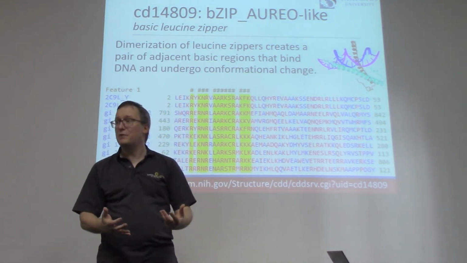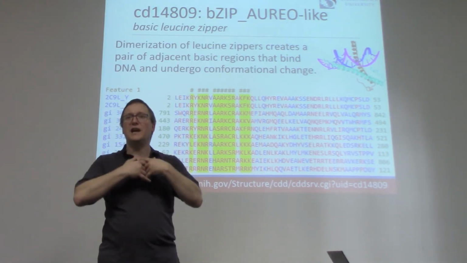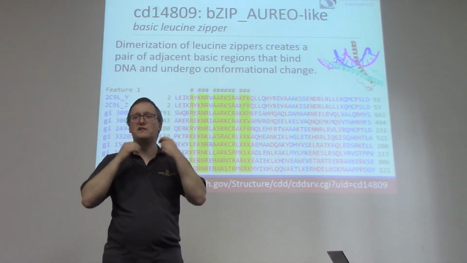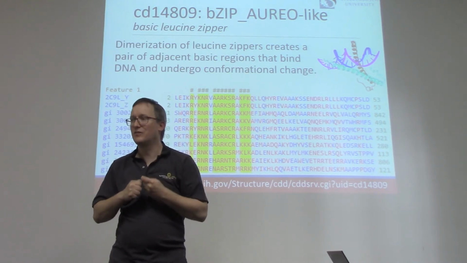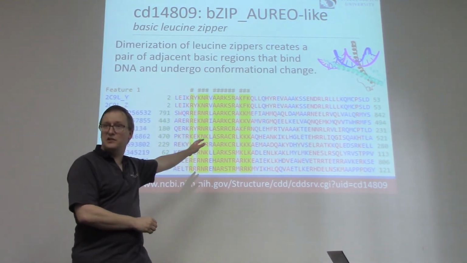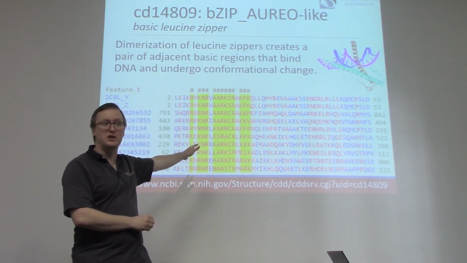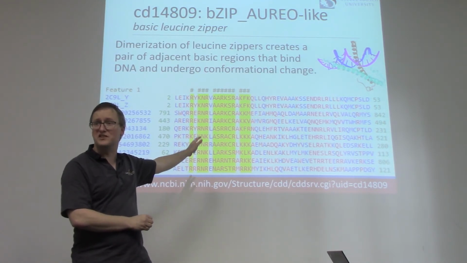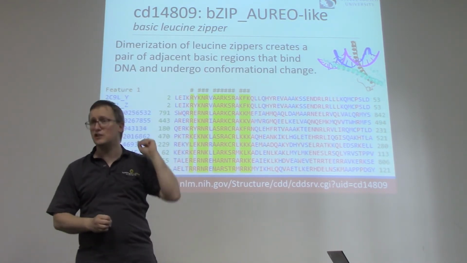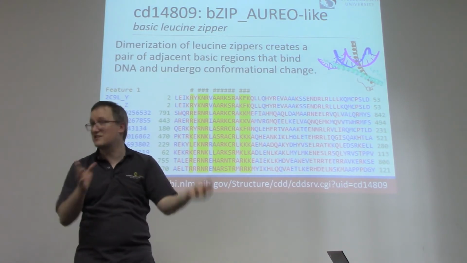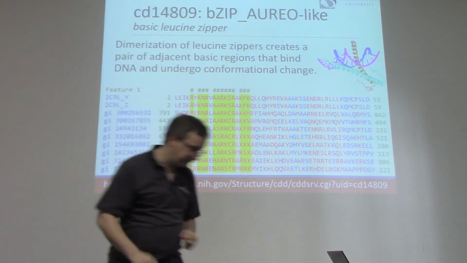You'll very frequently see in bioinformatics that we are framing a search where we want to find more things like this. The presence of this sequence motif in all of these sequences gives us a signature, and we can then use it in new sequences to say, does this or does this not contain a leucine zipper?